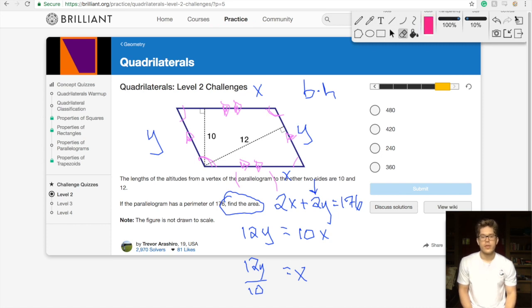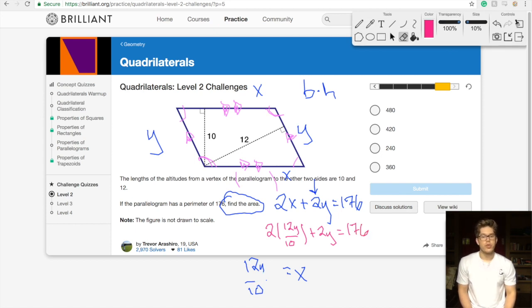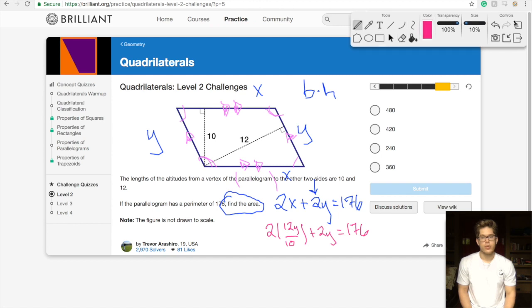So we have 2 times 12y over 10 plus 2y equals 176. Here, I'll erase this now. So 2 times 12 is 24y over 10. And then I'm going to change this 2y to just be 20y over 10.